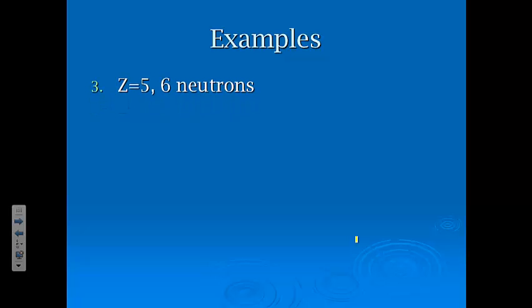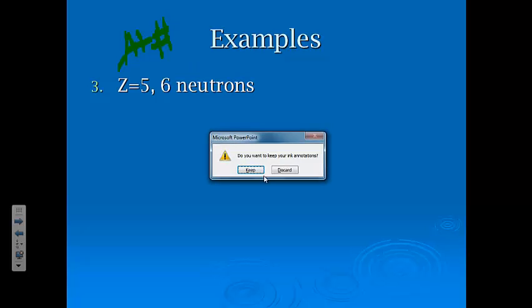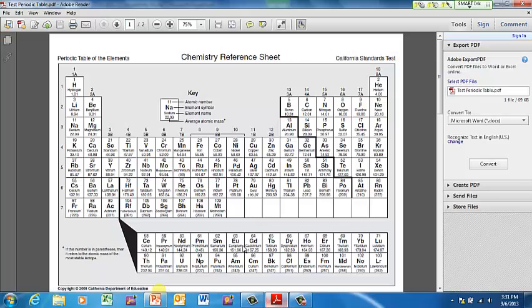Now, just as a reminder, some of these abbreviations: Z, if you remember, is going to stand for atomic number. So as soon as we see that the atomic number is 5, the element that we're dealing with is the 5th element on the periodic table. If I look on the periodic table, 1, 2, 3, 4, 5, I'm dealing with boron.